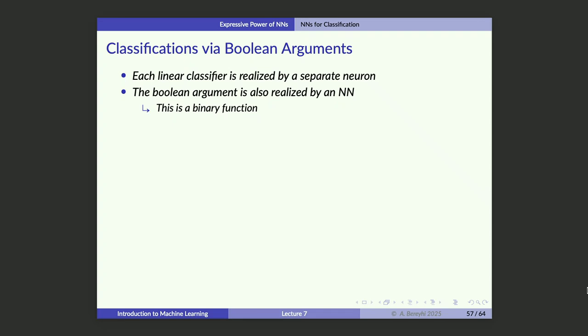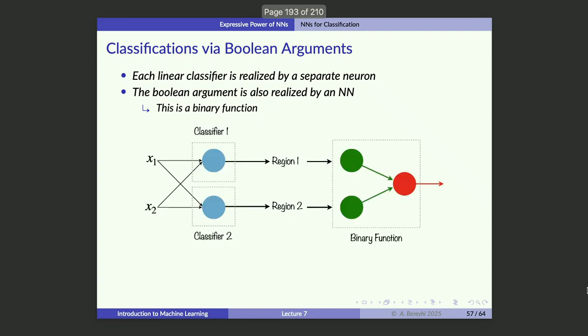So you essentially need to design your simple linear classifiers at the very input, and then combine them by realizing a binary function. Both of them you can do by using neurons, right? A neural network. And because of that, you can have any classifier realized by a neural network.